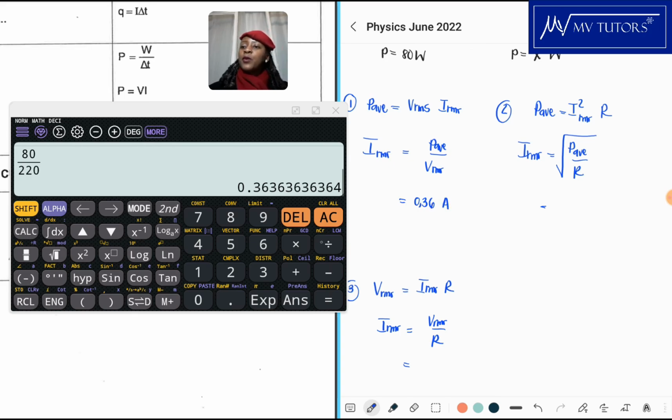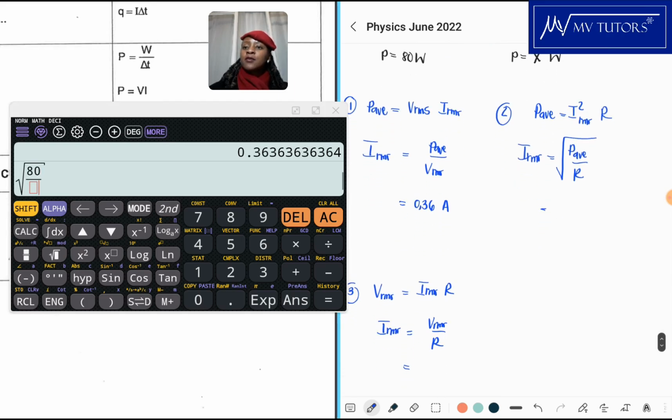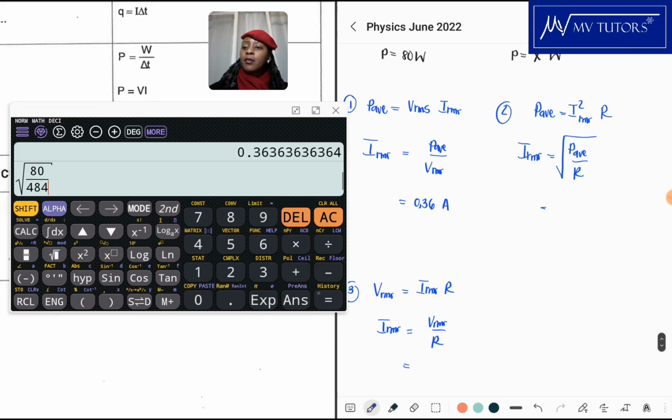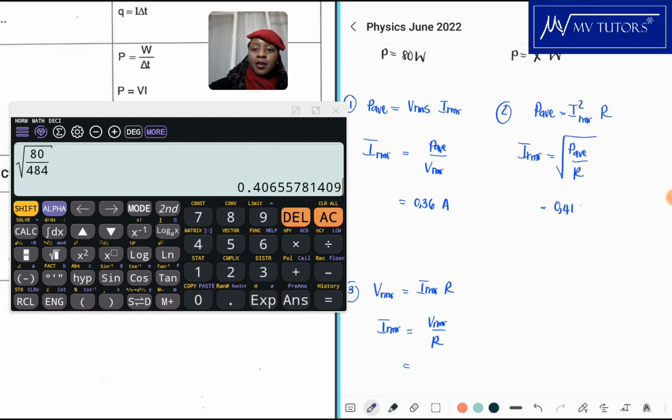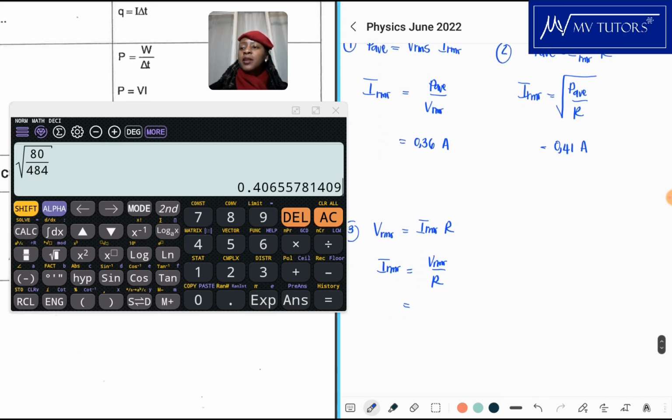If we now take the root of the average power, 80, over the resistance, which is 484, we get an answer of 0.41 amperes. And lastly, what if we say the voltage over the resistance, which is 484?